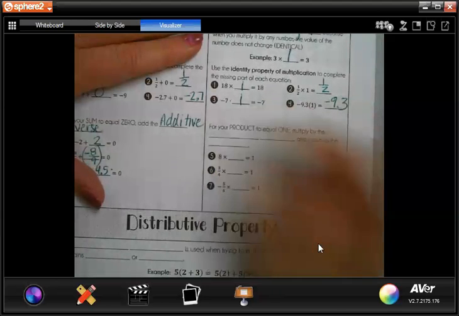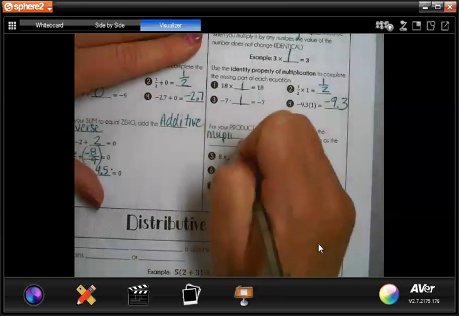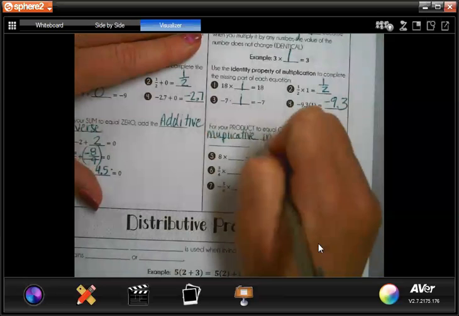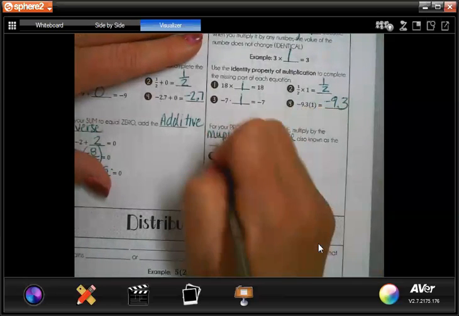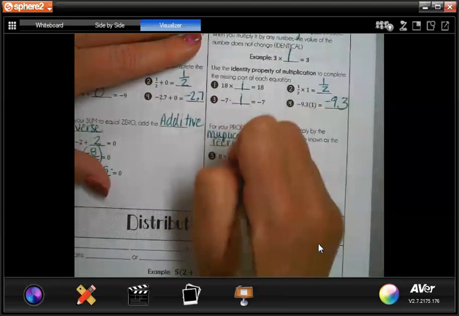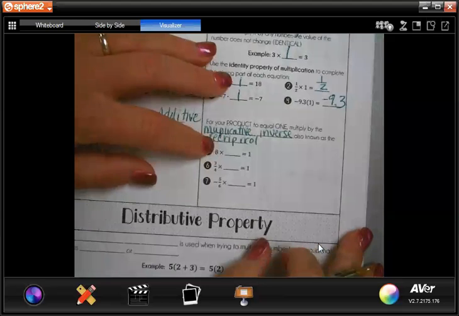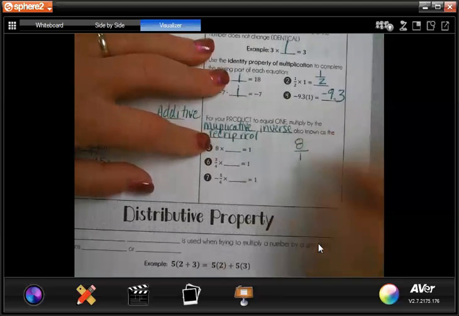multiply by the multiplicative inverse, also known as the reciprocal. Okay, now this is a big one right here. 8 right now is 8/1.